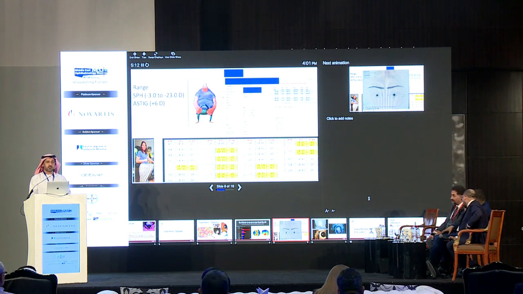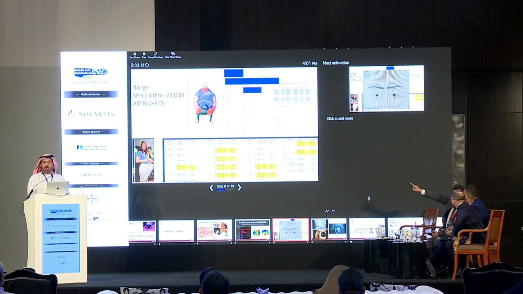Some people have used the biometry or the B-scan or the UBM as compared to the anterior segment OCT, and they did not show much difference to see the sulcus to sulcus, keeping in mind that there are some anatomical variabilities. Others tried to use the visible iris. So I think there is more work that needs to be done regarding the sizes and the sizing.